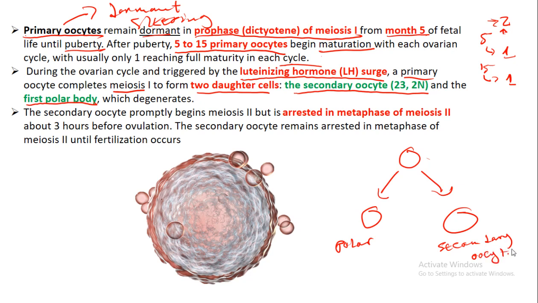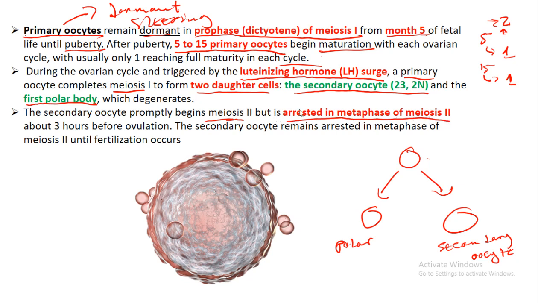This secondary oocyte is now going to begin the second cell division, but it doesn't complete the second meiosis. Why? Because it gets arrested at metaphase 2.